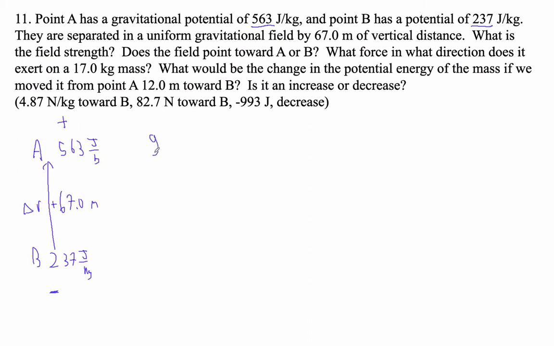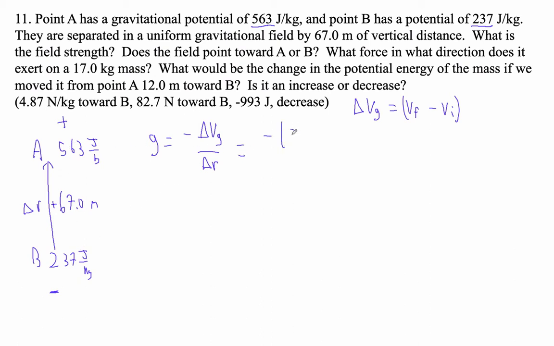Okay, remember g is the opposite of change in Vg over change in r. Remember, any change is just final minus initial. So if I go from here to here, my change is final minus initial. So let's do this.